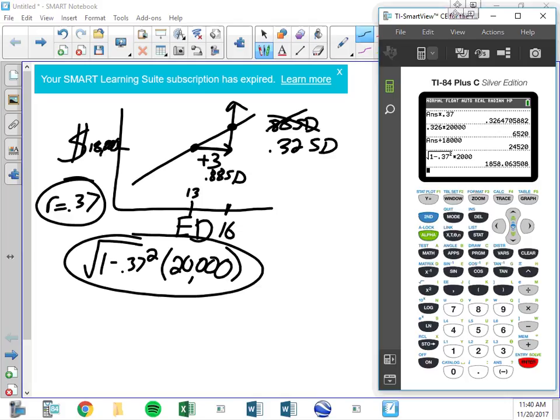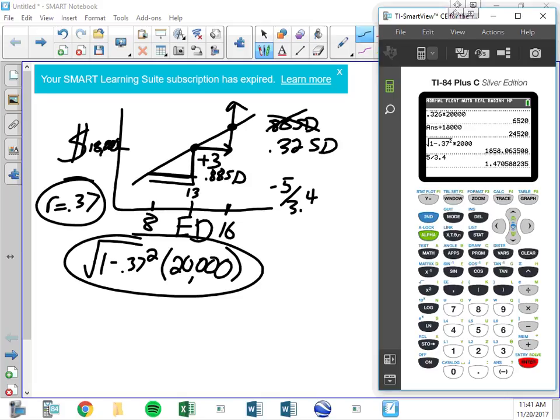Repeat parts B and C for a woman with 8 years of education. All right. So we're going to go down here to 8. That is a loss of 5 years. We divide that by 3.4. So 5 divided by 3.4 is 1.47, but we can't use all of that.